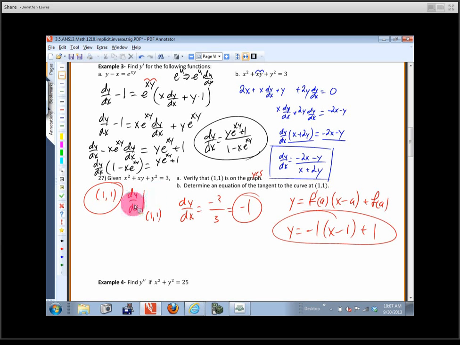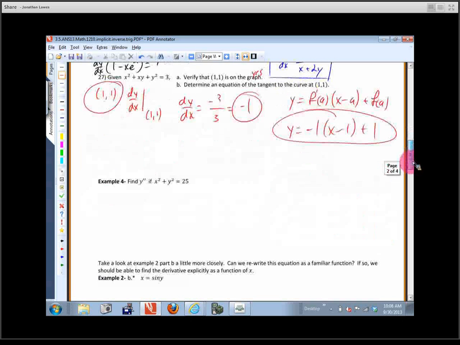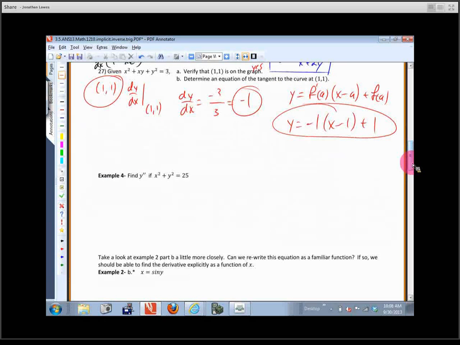If you had one of those with a computer algebra system, maybe, what are those, 89s and TI-Nspires, they probably would graph this. There are free graphers that you can get on the internet where you could throw that in and see what it looks like. In fact, a lot of the graphs that I make on here, I just use a free grapher that I got off the internet.